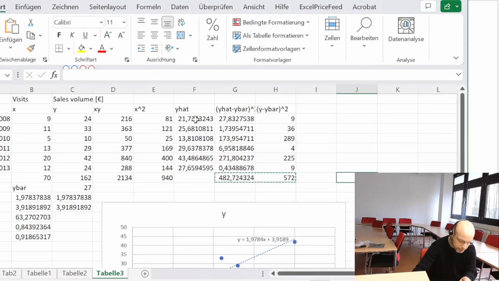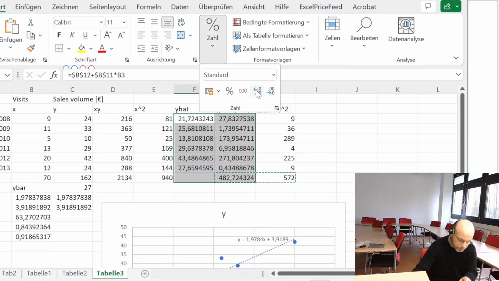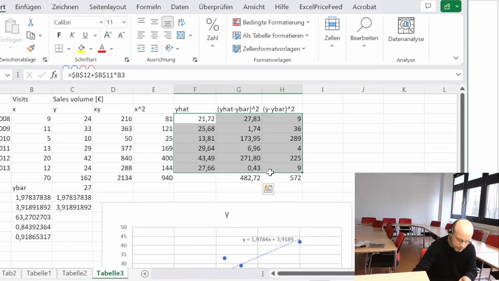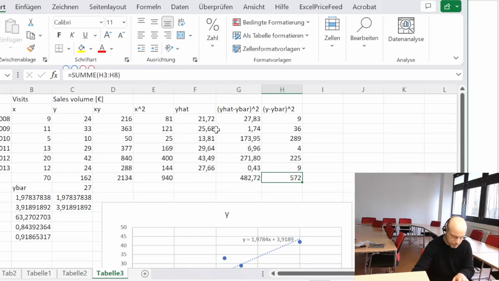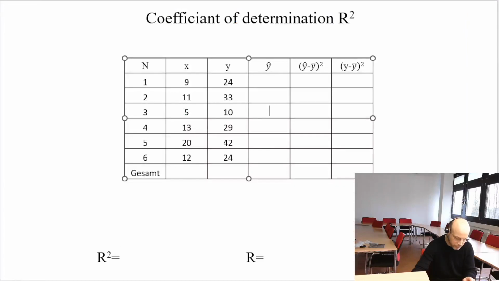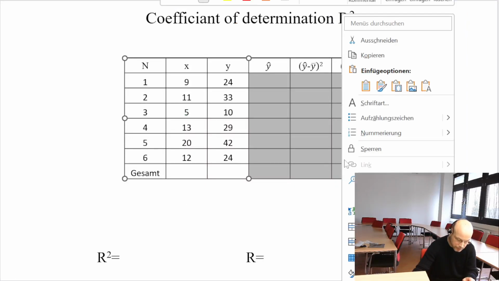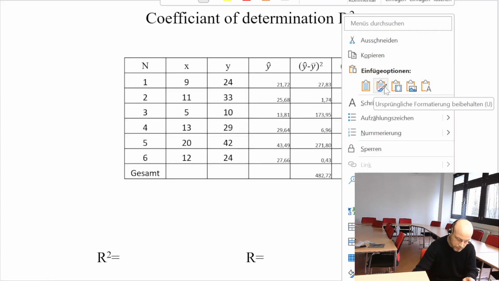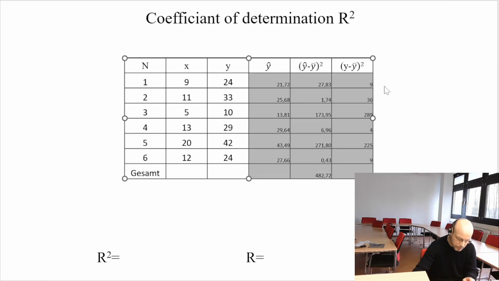So then let's take this only with oops, and hopefully this works. No, now it works.